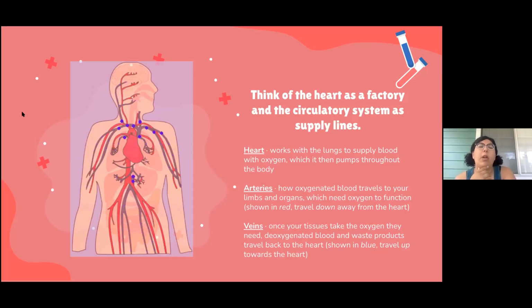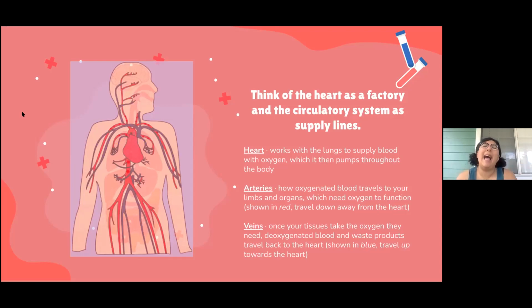Arteries are pictured here in red, and they're how that oxygenated blood travels throughout the body. Periodically, whether it's your kidneys, your fingers, your calves, the tissues there will pick up the oxygen from the blood, which they need in order to live and to function well. And they need a certain amount of that oxygen.